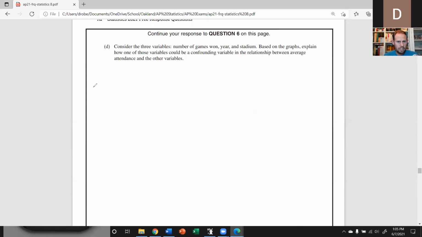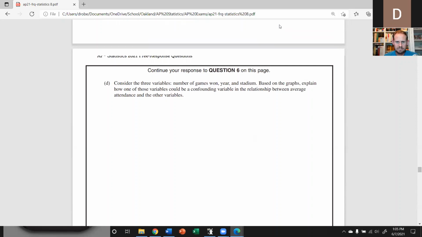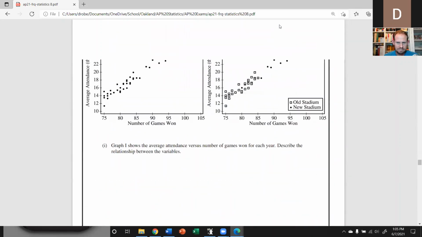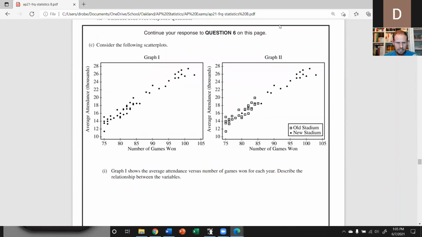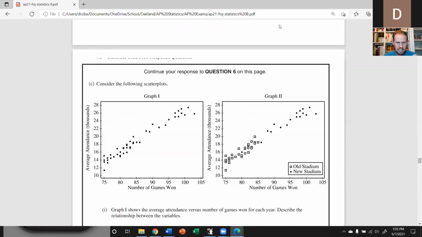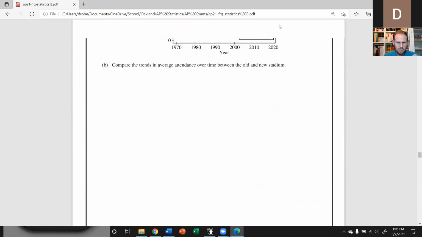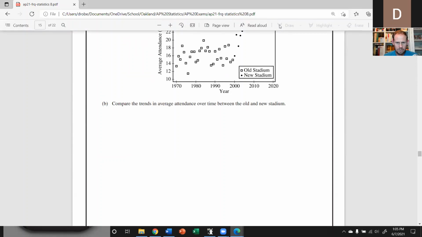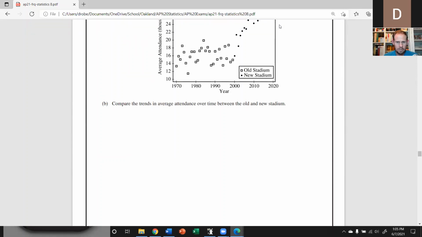All right, so the two variables that go together are the number of games won and, well, what was the other one that we were looking at? Average attendance, weren't we? Number of games won, average attendance. I guess old and new stadium would be year. So old stadium would be the old years, new stadium would be the new years. Okay.